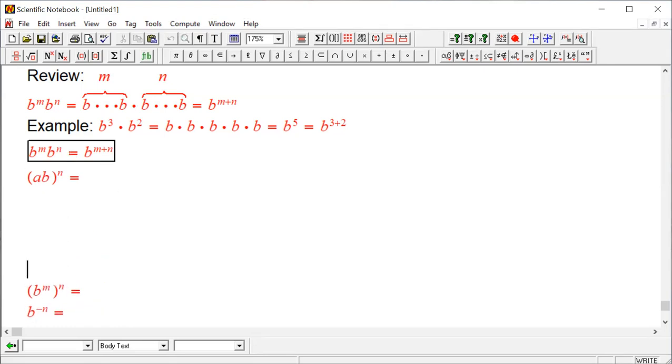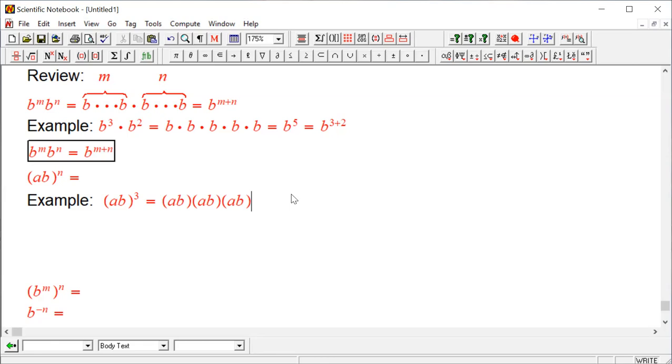A is a quantity, B is a quantity, and then we raise the product to the power of n. Take a similar example. Suppose I have A times B raised to the power of 3. What does that mean? It just means A times B, 3 times. 1, 2, 3.